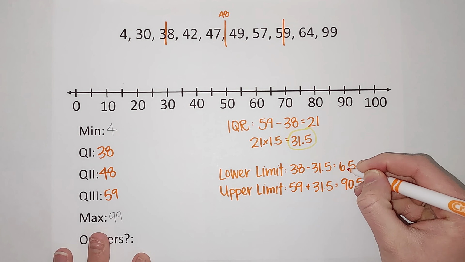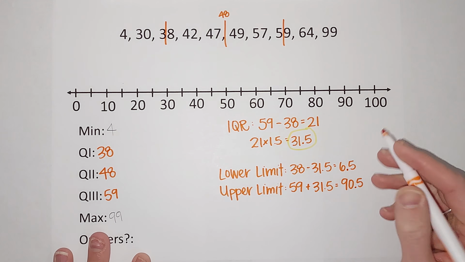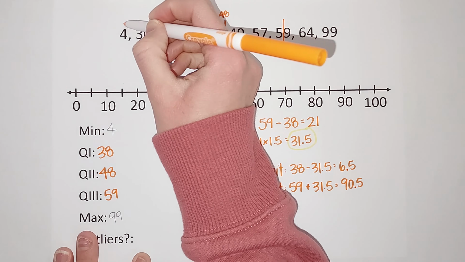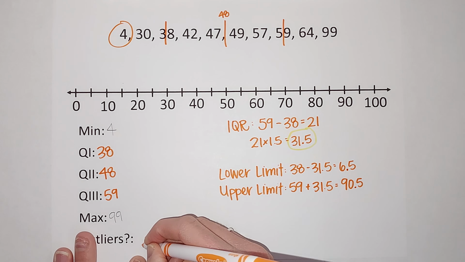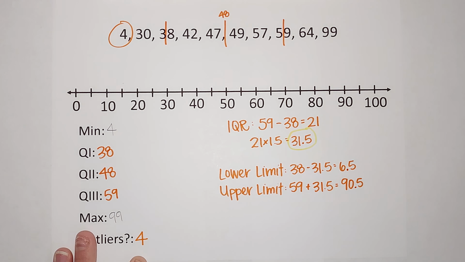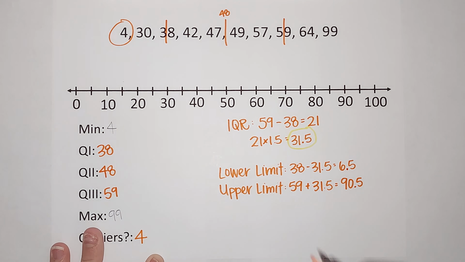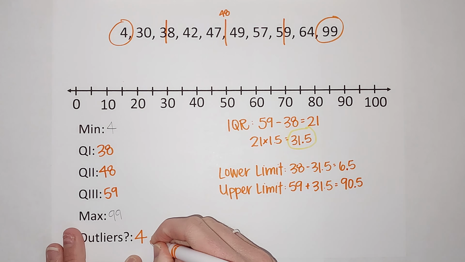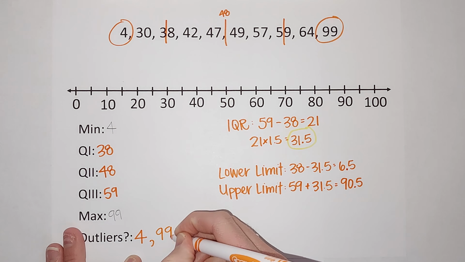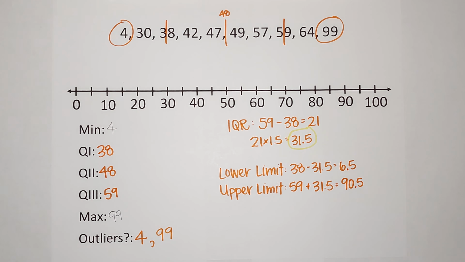So do I have any numbers lower than 6.5? I do, I have 4. So 4 is considered an outlier. Do I have any numbers bigger than 90.5? I do, 99. So that one is also considered an outlier, okay? So what that means is this is the modifying part.